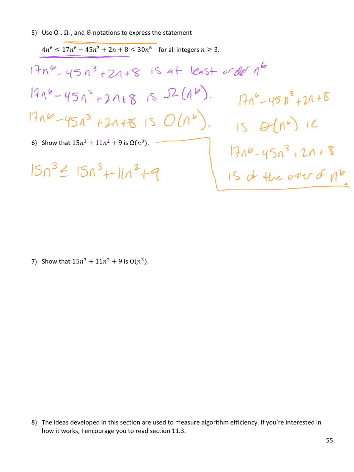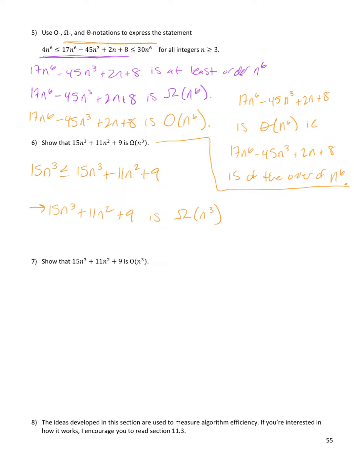So I can write that, and that tells me that 15n cubed plus 11n squared plus 9 is big omega of n cubed, okay, because this polynomial is larger than or equal to a multiple of n cubed.